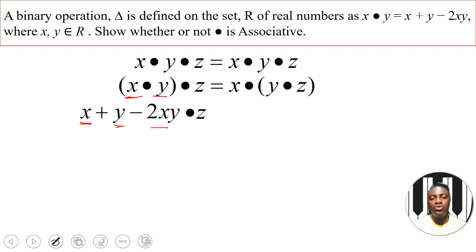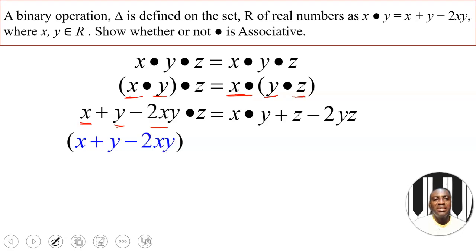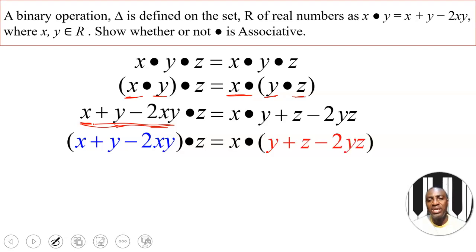Then I bring my dot z. Here too I keep this one, and then y operation z by definition will be y plus z minus 2yz. Now I'm going to treat this as one entity, operation z. Then I also treat x and this as one entity, operation x.